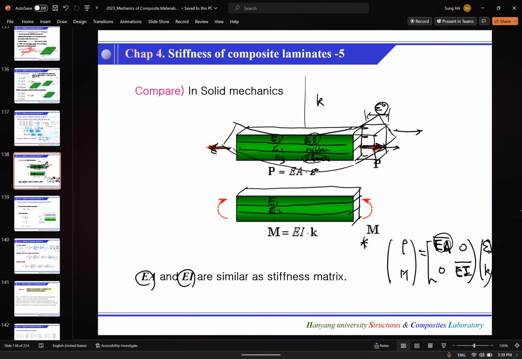What does it mean in this equation? It means that we're gonna have some terms where P and K will be related. I will just call it B. Some non-zero term will appear here. And also, if this is similar to this sequence, aluminum or rubber and the steel, under bending, this will not only curve, but also have some extension.